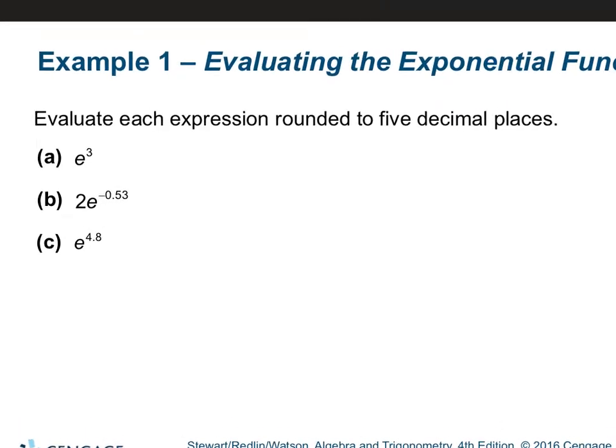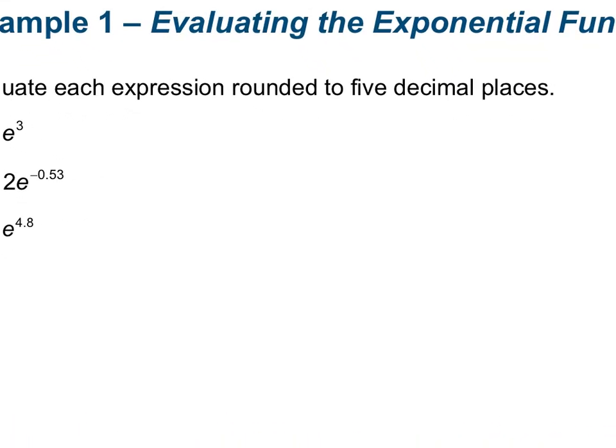If we look at example 1, we're just asked to evaluate each expression and round to 5 decimal places. So again, you will use your calculator for these. For example A, we have e to the 3rd power. So on your calculator, if your calculator is like mine, you can hit that second button and find the ln button, and it should give you a power of e to the power of x. So if you press that, it's going to automatically prompt you to put in an exponent on e.